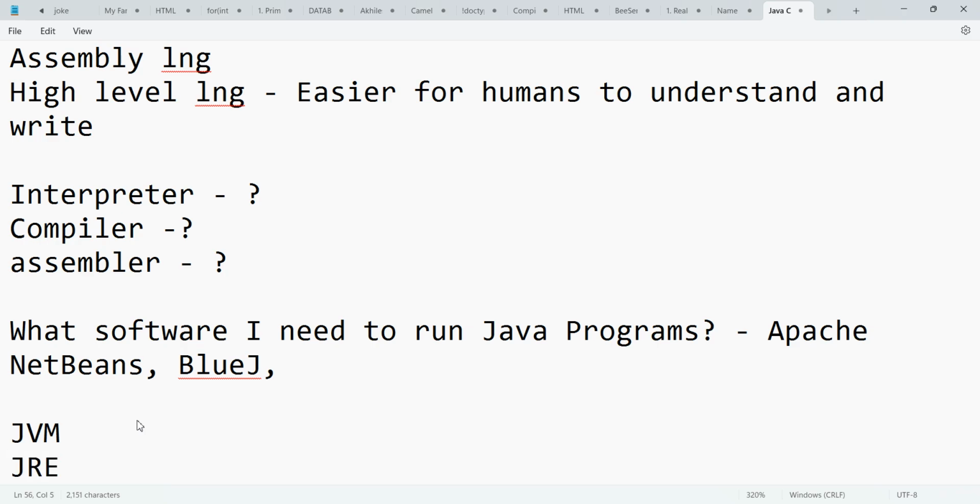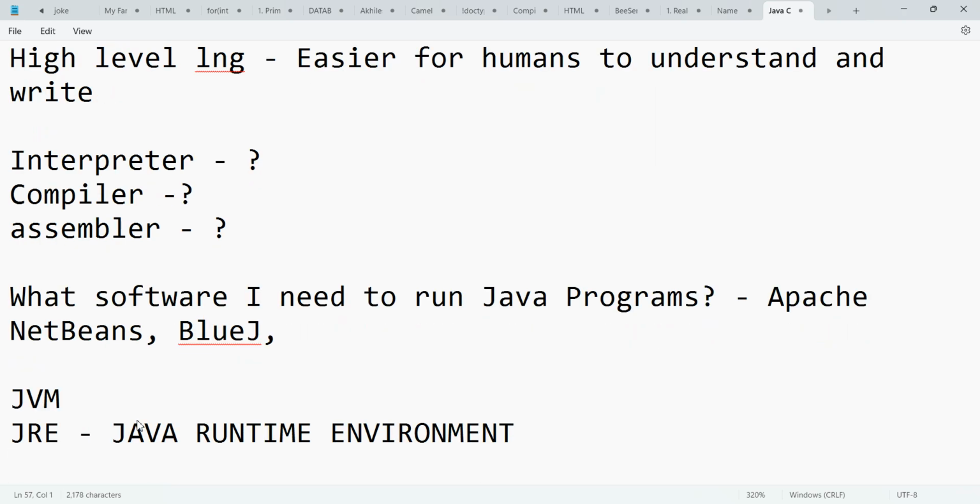Full form of JRE? Java Runtime Environment. Okay, Java Runtime Environment. Note it down.